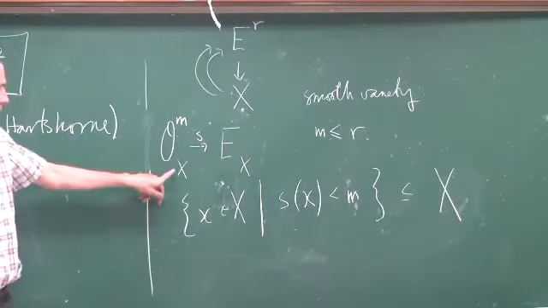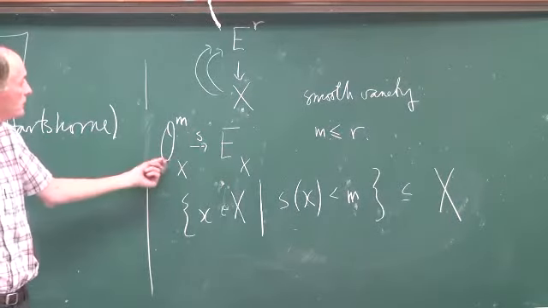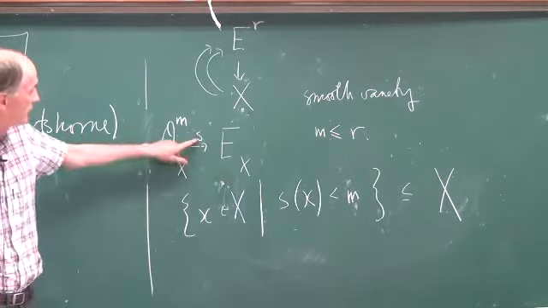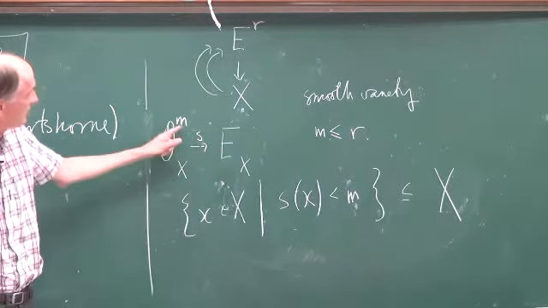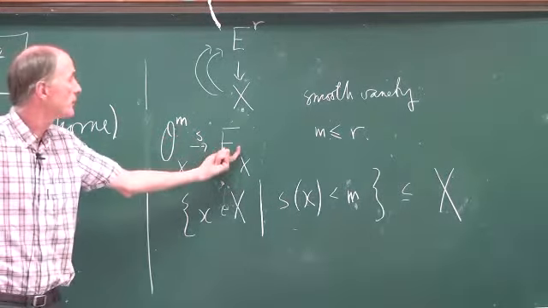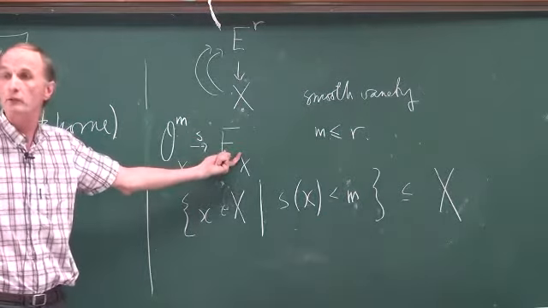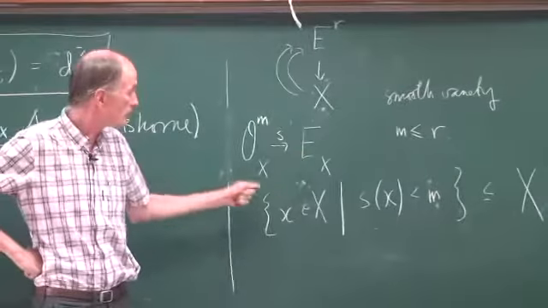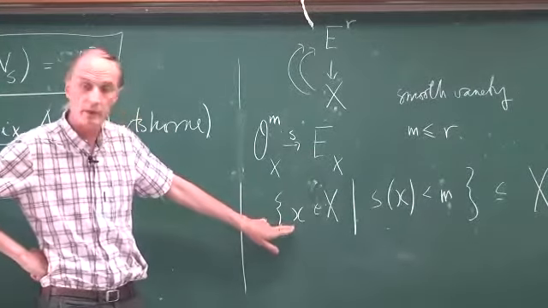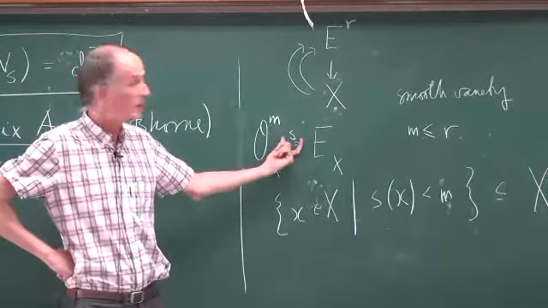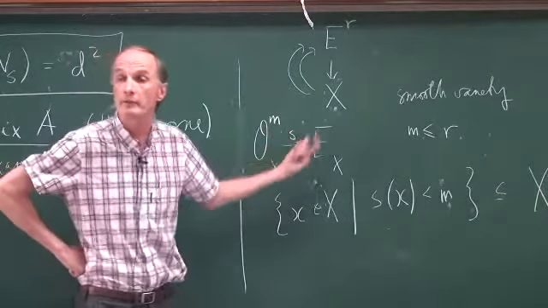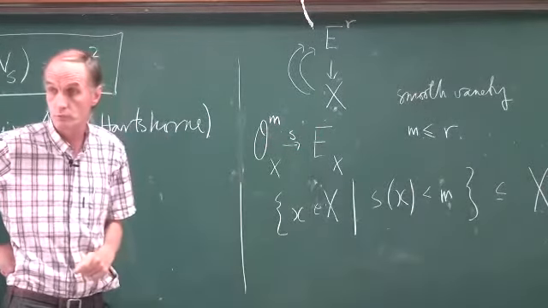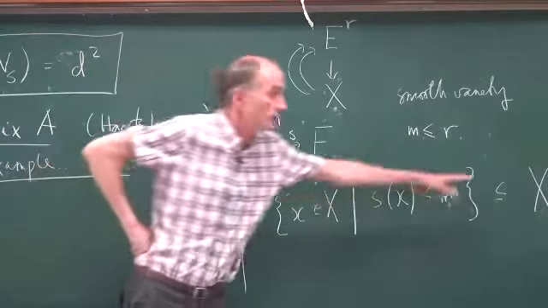For every point in X, I have this s, which really locally is m vectors in E, and they can be linearly dependent or not. So now I'm describing the points where these m vectors are dependent. That's a subvariety of X.